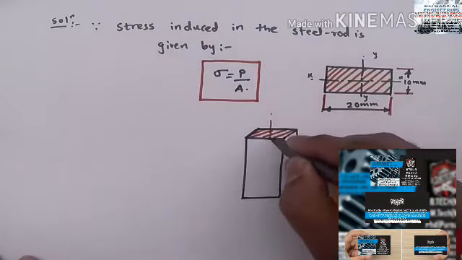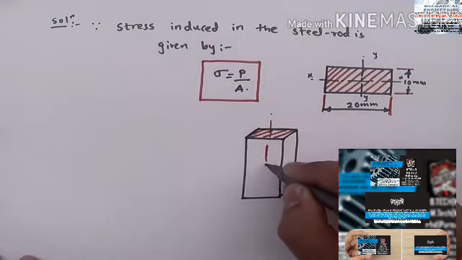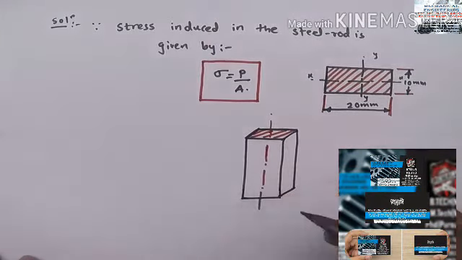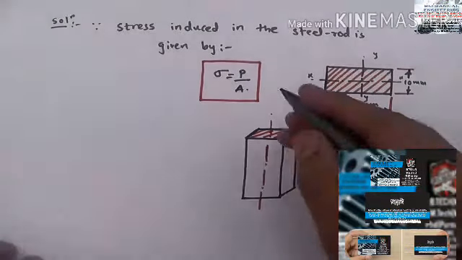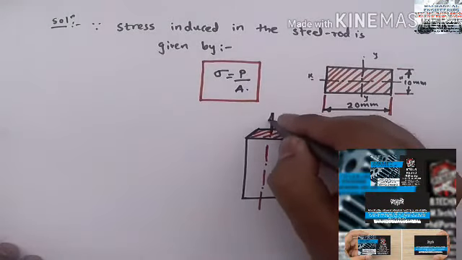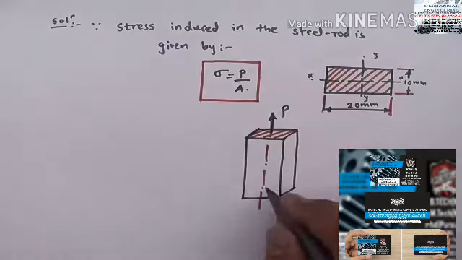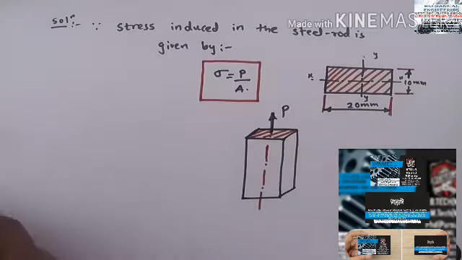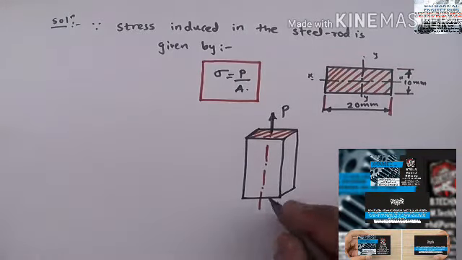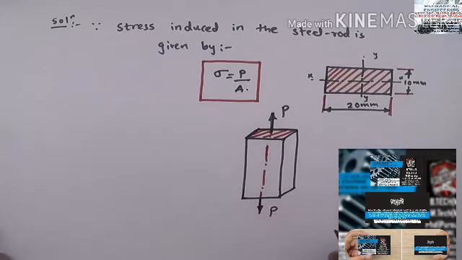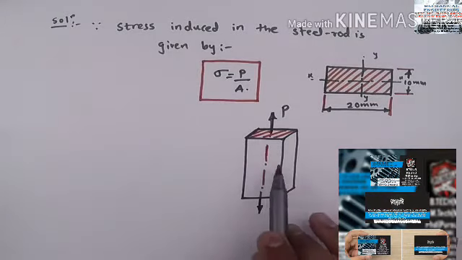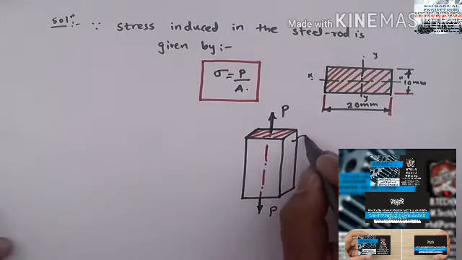So here if I draw the axis, along this axis it is being pulled, and that pull is given as 300 kilonewton. Value we have already written in the data. So for this we have to find out how much is the stress which is induced in this steel rod.